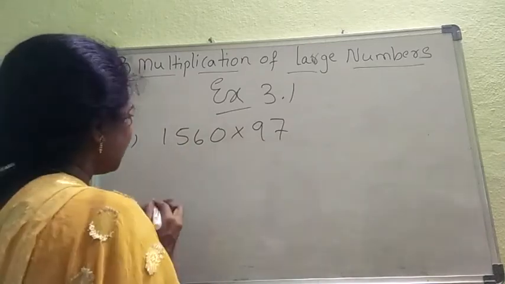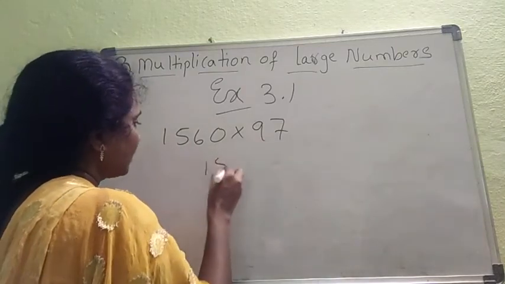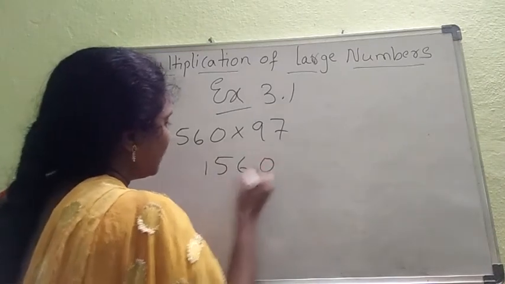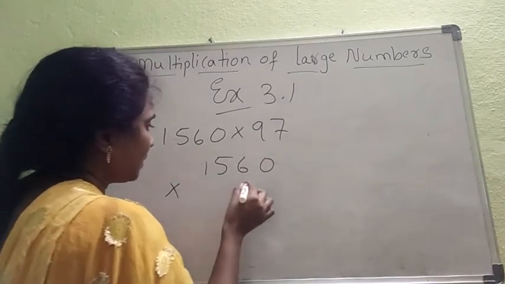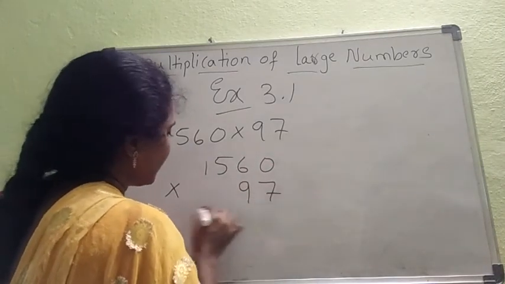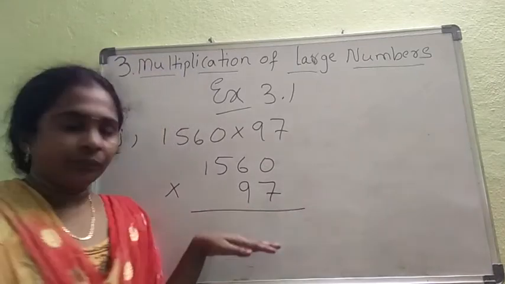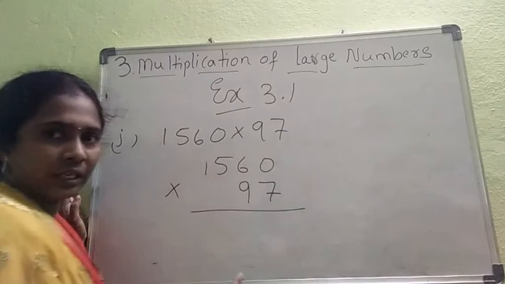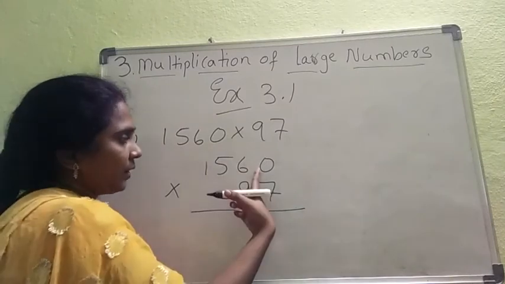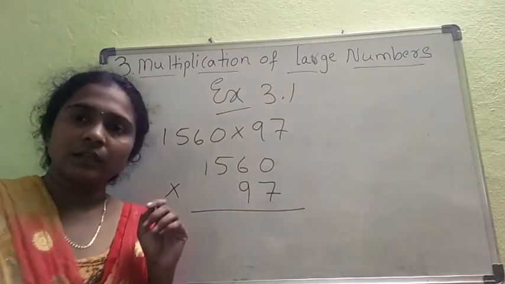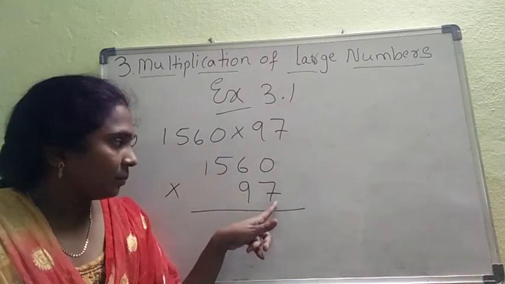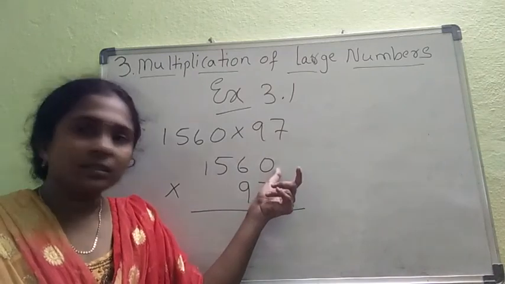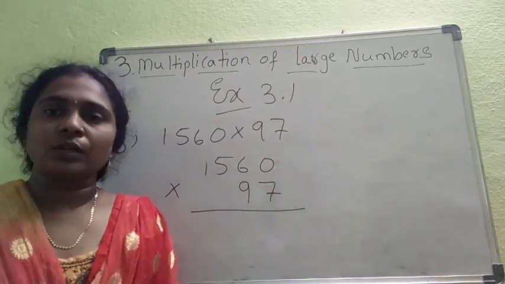First step, you should write the 4-digit number and the multiplication symbol with 97, right? Now you need to multiply with the ones place digit of the given number, that is 7. 7 into 0. Listen here. If you multiply any number with 0, the value is 0 only.